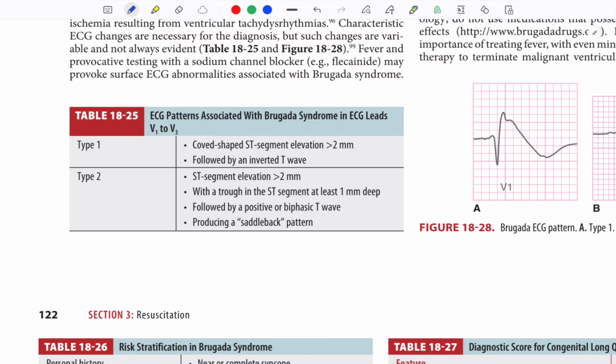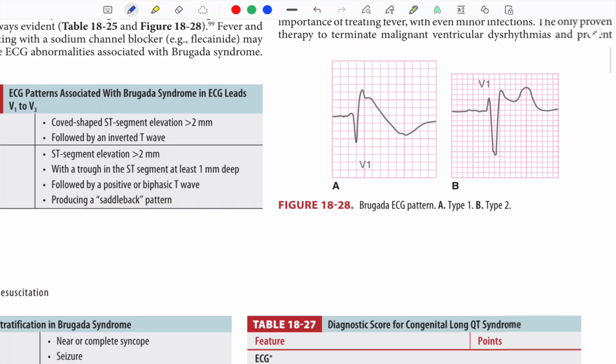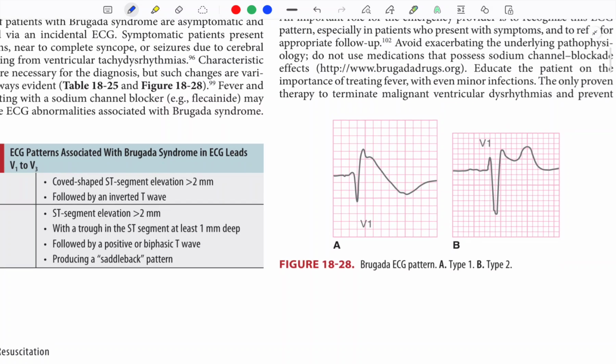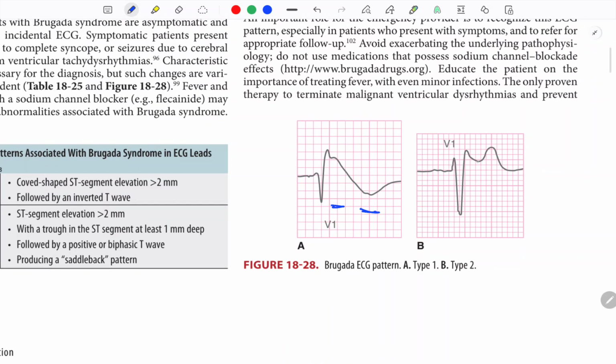Type 1, there is a coved ST segment elevation of more than 2 mm followed by an inverted T wave. As you can see here, there is a coved ST segment followed by an inverted T wave. In type 2, there is a 2 mm ST elevation with a trough in the ST segment at least 1 mm.